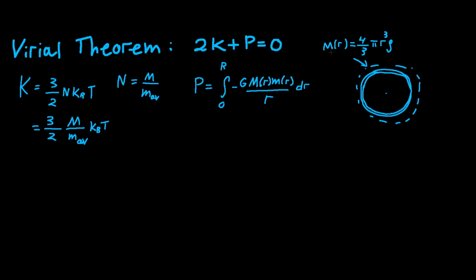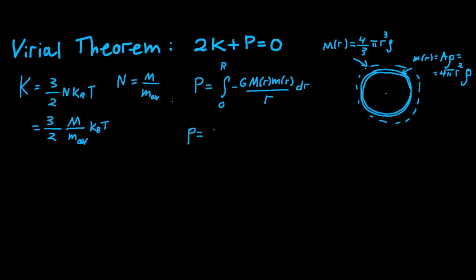So the mass of this shell is small m, and is calculated by multiplying the area of the shell by the density. This is equal to 4 pi r squared rho. Now we have both, and we can plug in.